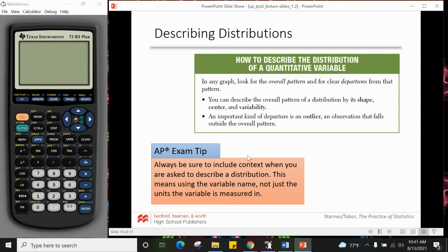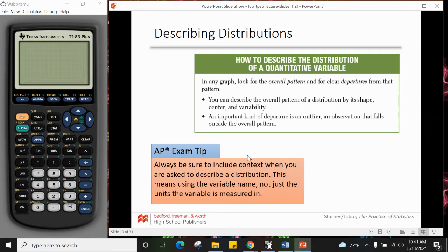When you are talking about it, on an AP question, it's not uncommon to be asked, hey, describe this distribution. So you need to hit those four things, and you also need to describe it in context. What does context mean? Just put it back in terms of that problem. So about the number of goals scored, you would say the distribution of women's national team goals scored is skewed right, with a center as being the mean number of goals scored was 4 or something like that.